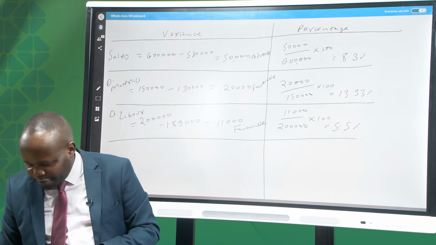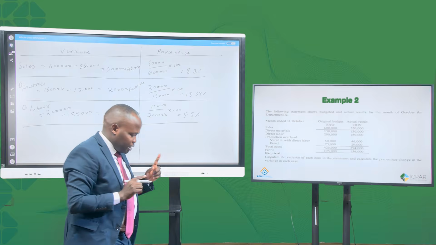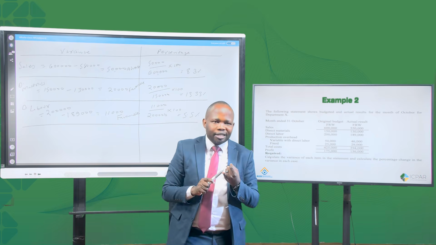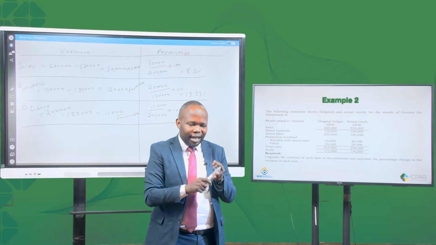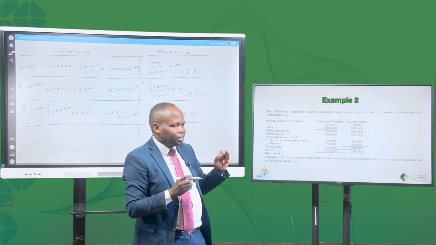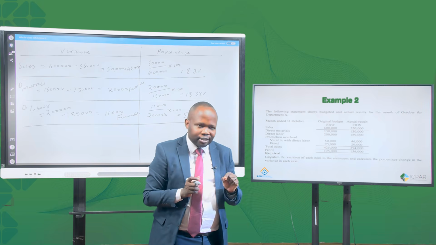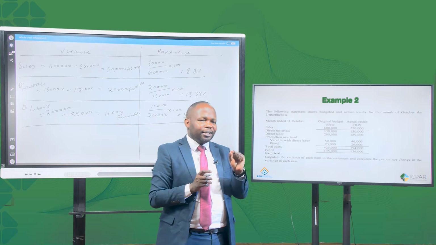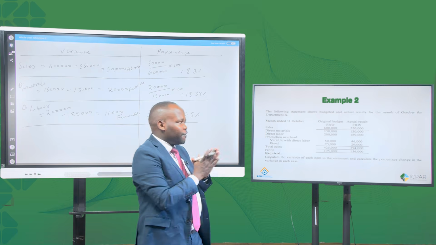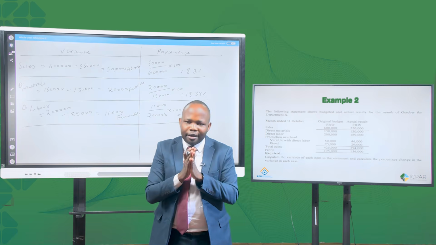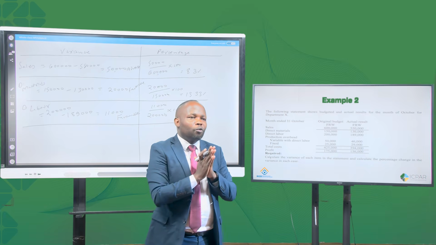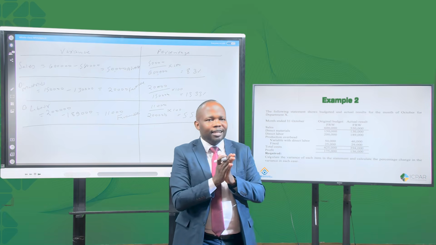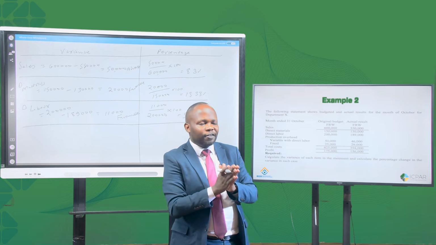Variance is the difference between budget, a budget is also called a plan, a plan is also called a standard, and actual results. We have seen variances can either be favorable or adverse. When do we have favorable? For costs, when actual costs are less than budgeted, it's favorable.